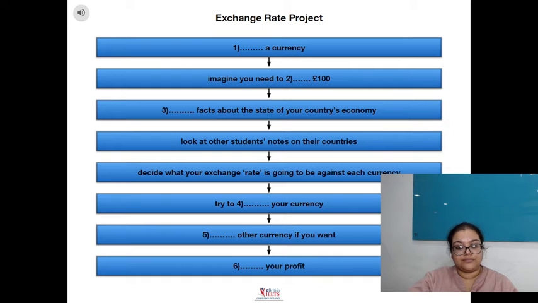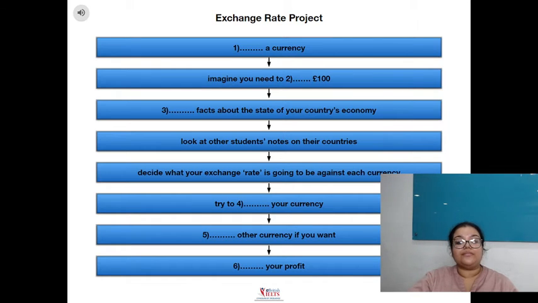This is a project that you'll be doing together, but before you work together, you'll have to go off and research what you need to know about the economy of that country and how well it's doing or is expected to do in the near future.